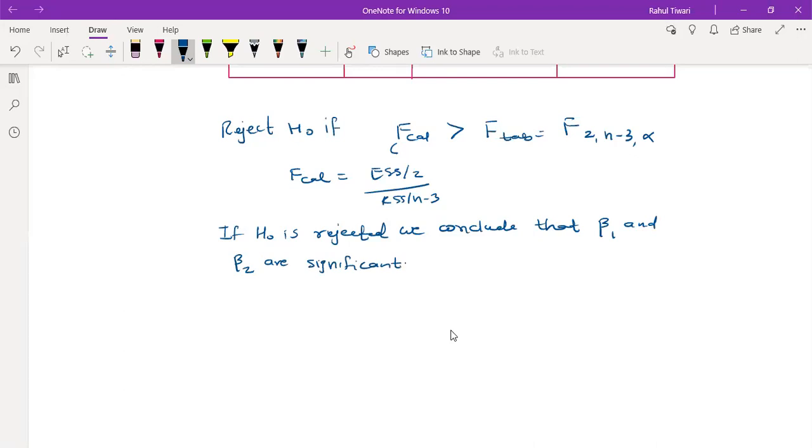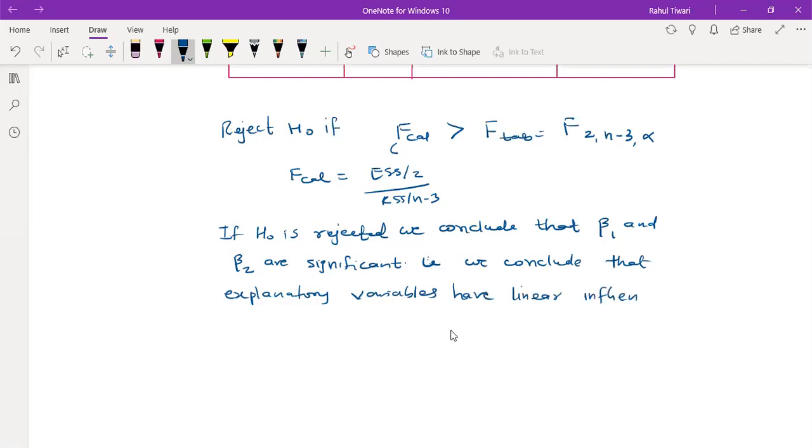That is, we conclude that the explanatory variables have a linear influence on the dependent variable.